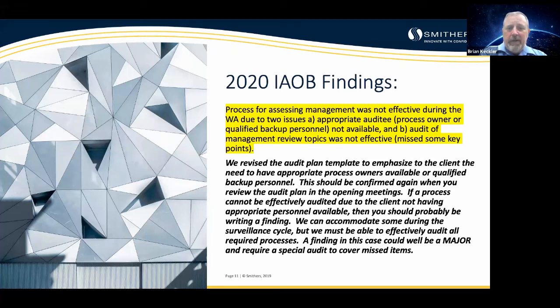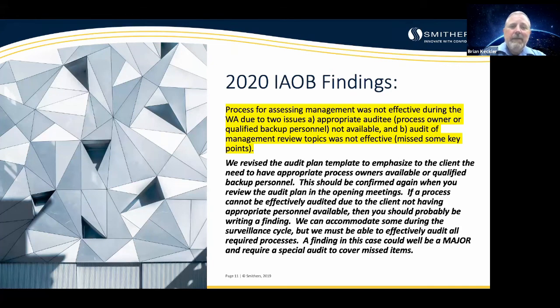So this very well could have been a major finding on our part against the client. It could require us to go back and do a special audit to make sure that we can in fact cover the missing information.